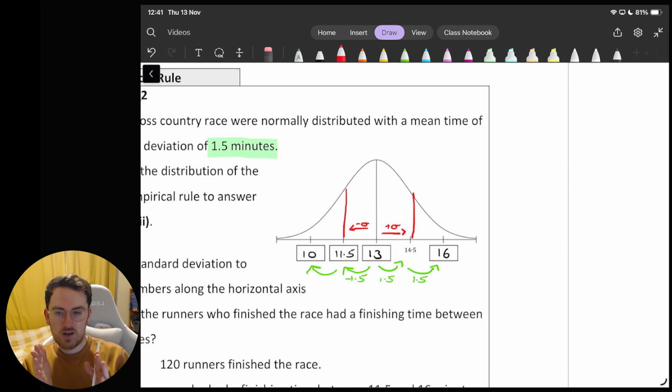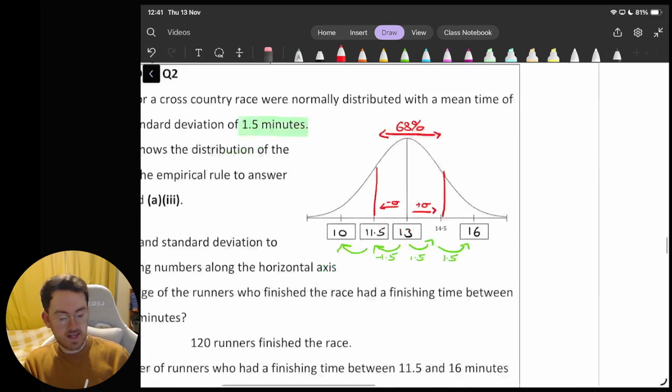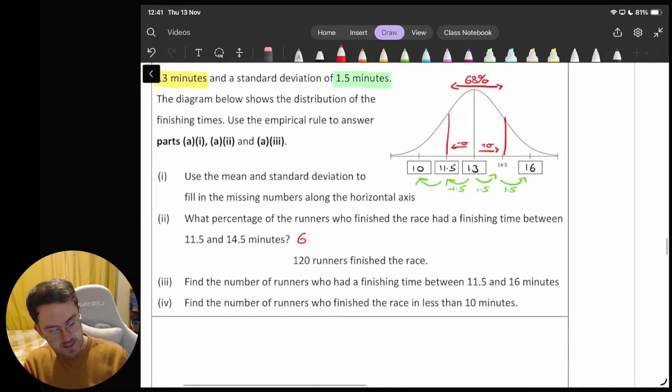So we would say here that we have gone up and down one standard deviation, or we're within one standard deviation. And if we remind ourselves of what proportion that would be, it's 68% of my data. So 68% of runners took between 11.5 and 14.5 minutes.